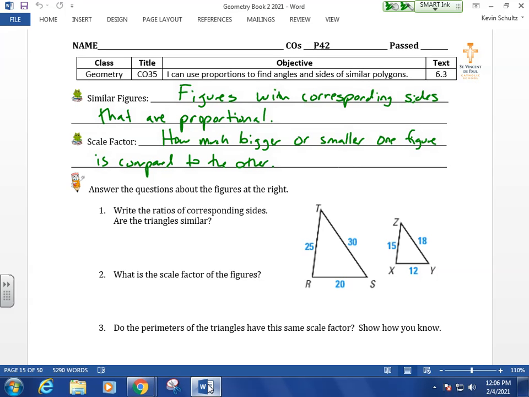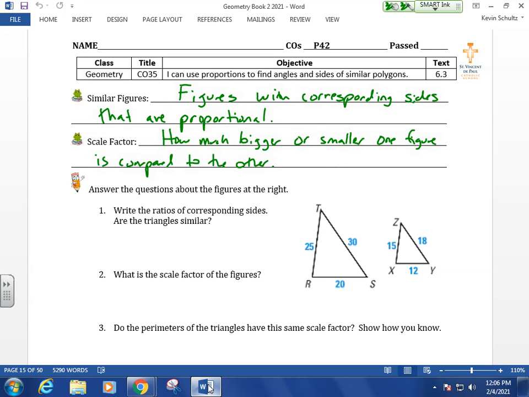And we've talked about scale factors before when using rates and ratios and proportions actually too. But when you say that one figure is twice the size, that's a scale factor of 2. When you say that a figure is a third the size, it's a scale factor of 1/3, whatever it happens to be. Okay, so you have those definitions there for you.